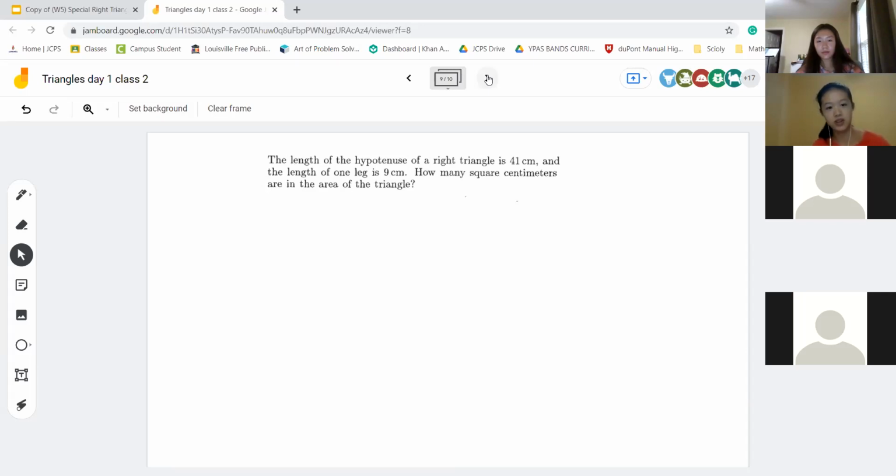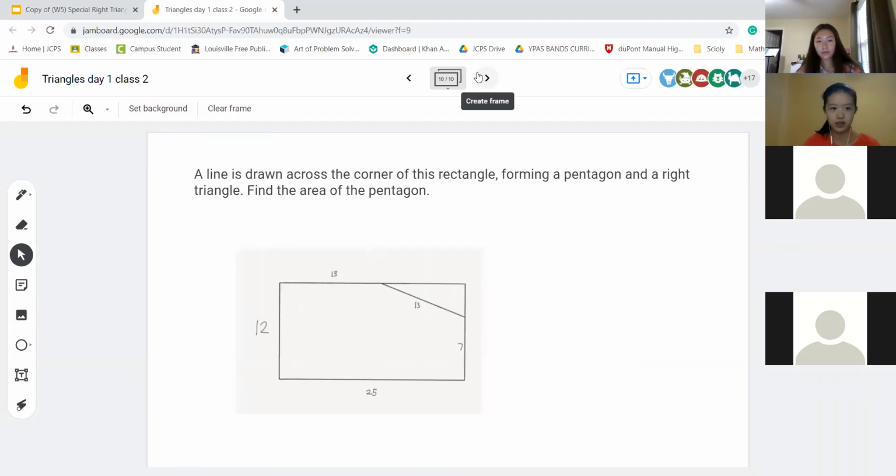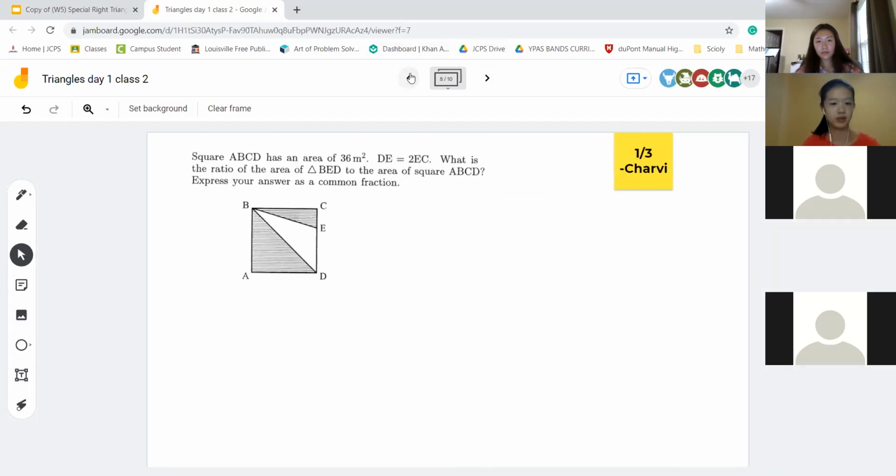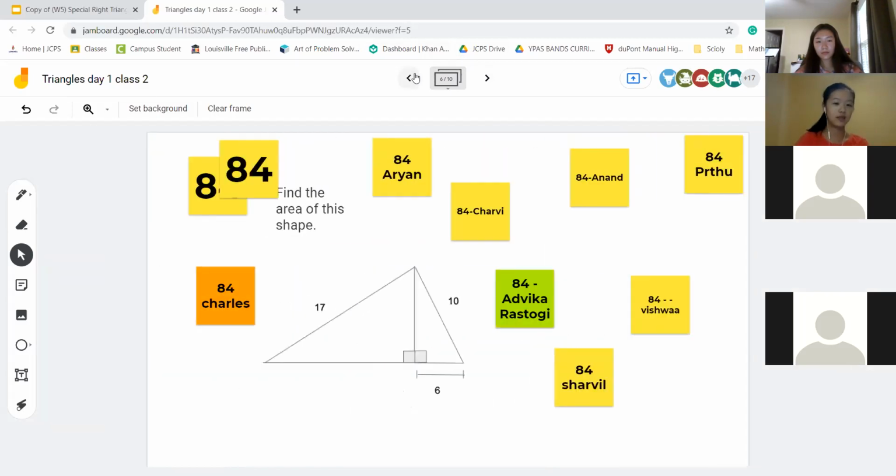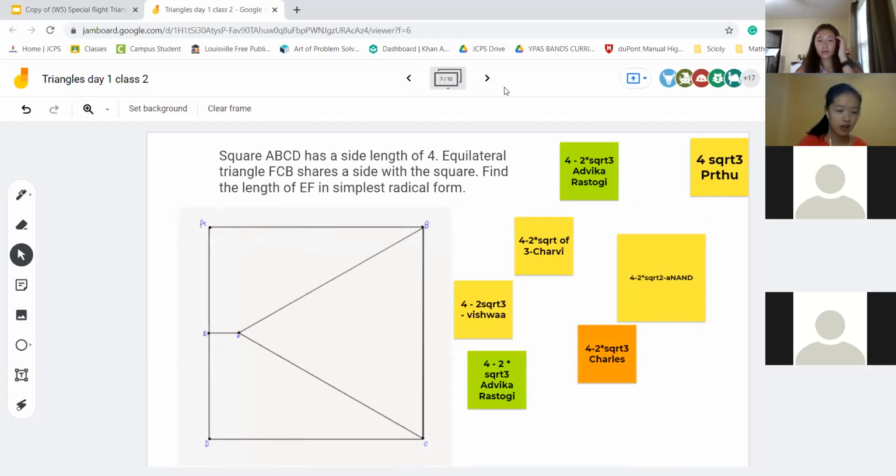Try to answer some of the questions at the back, like number 7, number 8, number 9, number 10, because those are the types of questions you're probably going to be more likely to see on MathCounts. All the other questions are just asking you to find the area, but for the last 4 questions, you need to use your brain more.